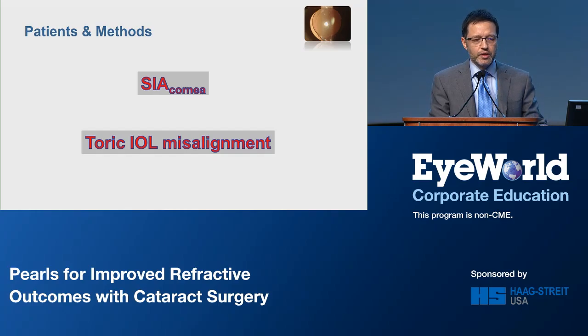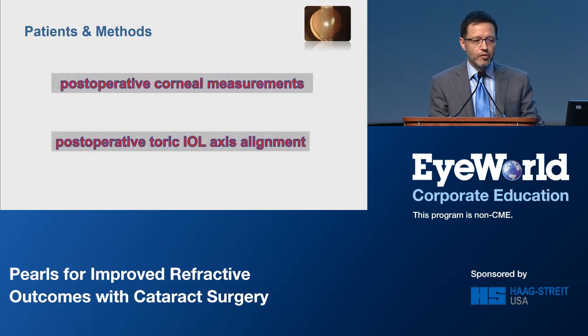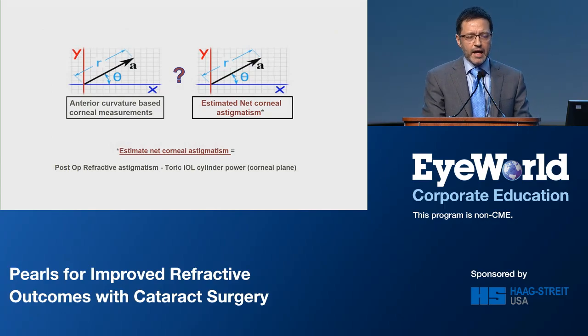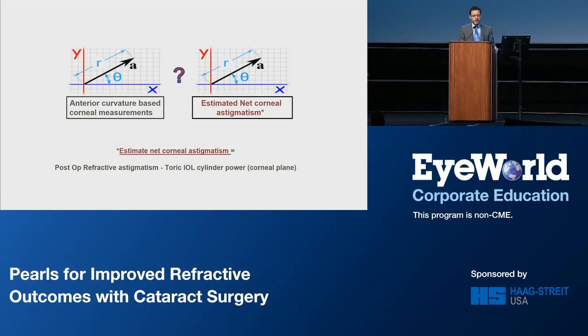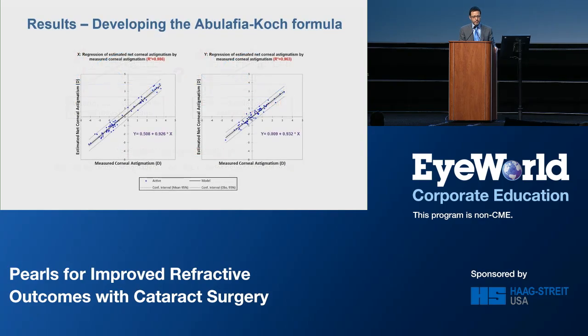In order to exclude the influence of the SIA and toric misalignment, we used postoperative corneal measurements and the actual postoperative toric axis alignment. And bearing in mind that astigmatism is a vector, the main idea was to try to figure out the nature of the correlation between the X and Y components of the anterior curvature-based corneal measurements and the estimated net corneal astigmatism.